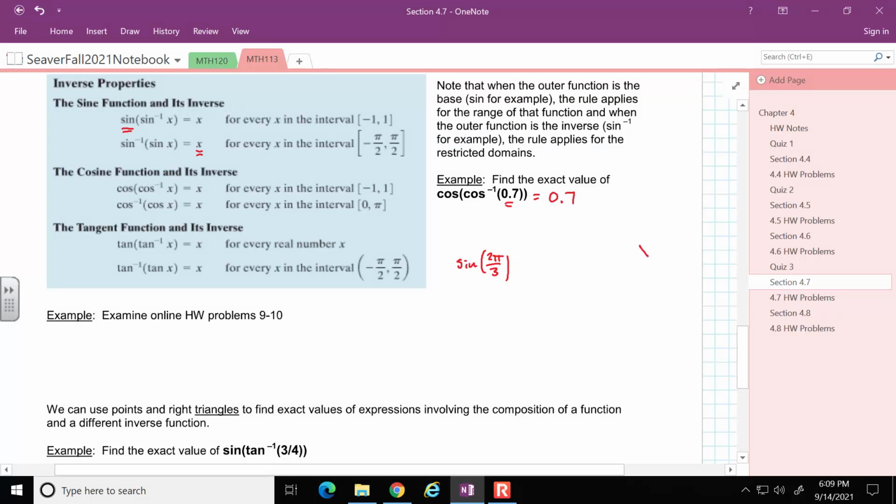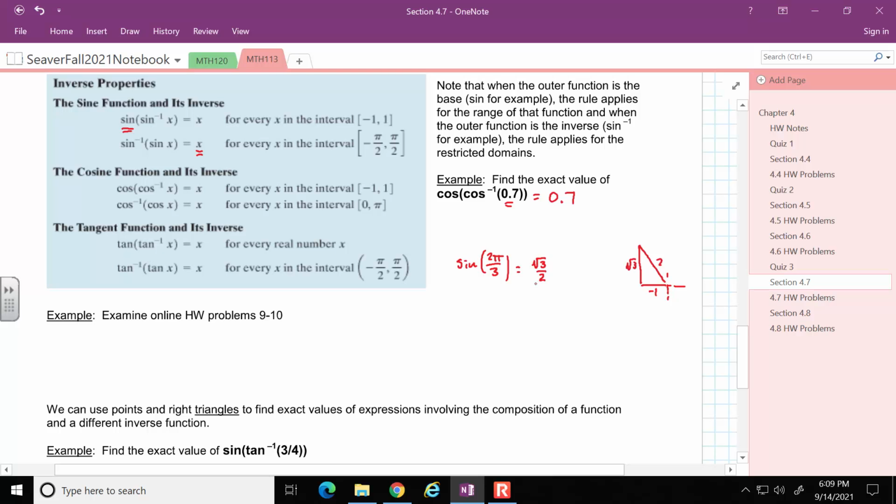I'll draw a triangle. 2 pi over 3 is over here, a 60-degree reference angle, with sides 1, -1, square root of 3, 2. So what's the sine of that angle? It is square root of 3 over 2.